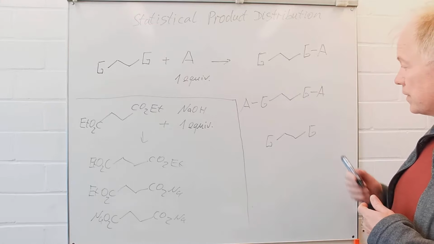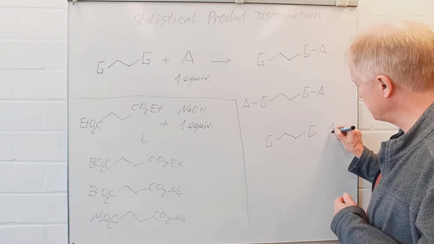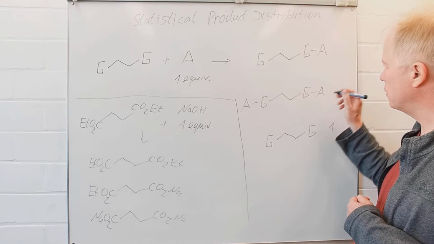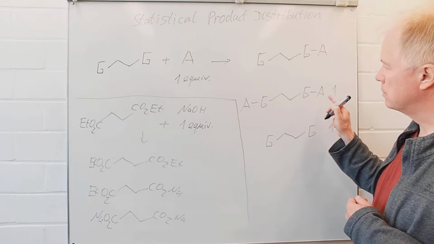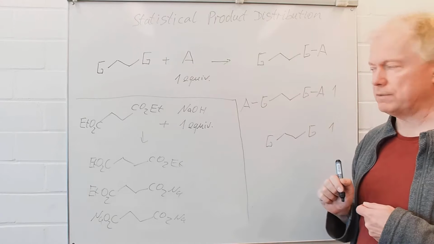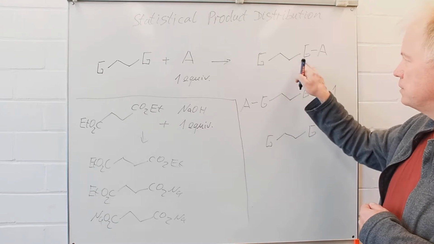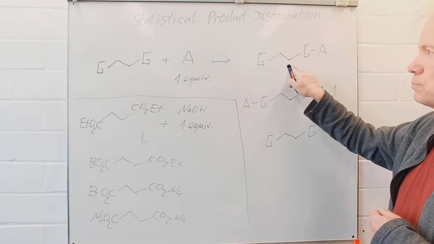Well, there is the possibility that this one is formed. Let's write down a 1. Here also the possibility that both have reacted. But there are two pathways for the formation of this product.